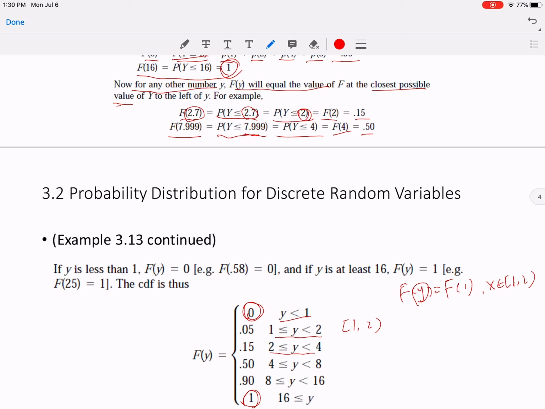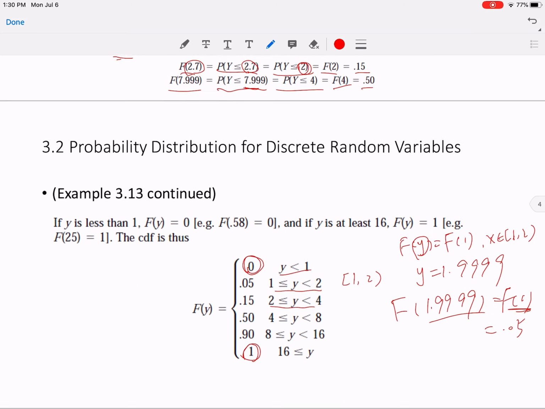So for example, if y is 1.9999, then f of 1.9999 is equal to f of 1, which is 0.05, because 1 is the closest possible value to the left of 1.9999.